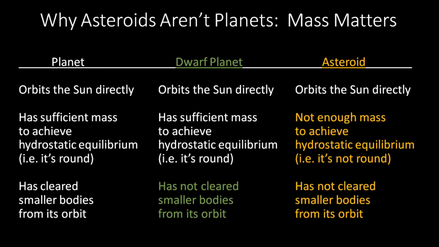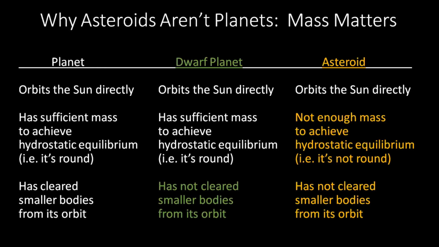A planet also has to have sufficient mass to achieve hydrostatic equilibrium, which sounds like something really technical, but guess what? It's really simple. All it means is it's round. If you think about the way the planets formed, with bits being added as time went by, and the fact that mass that's forming has a center of mass that is the source of its gravitational pull.